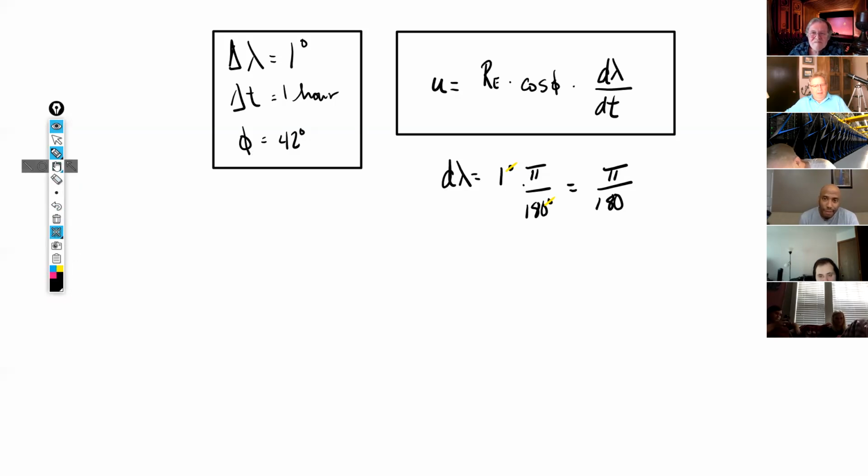Then I go, well, wait a second, what's my dt? It says equals 1 hour. But is that what I want? What is something called SI units?